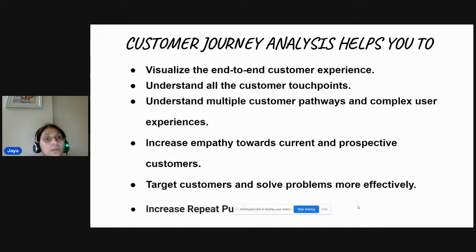So earlier, in the first slide, when I was talking about how we make the perfect customer journey, there are some points that come to my mind.